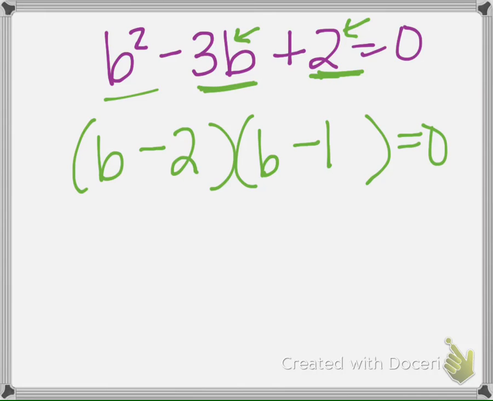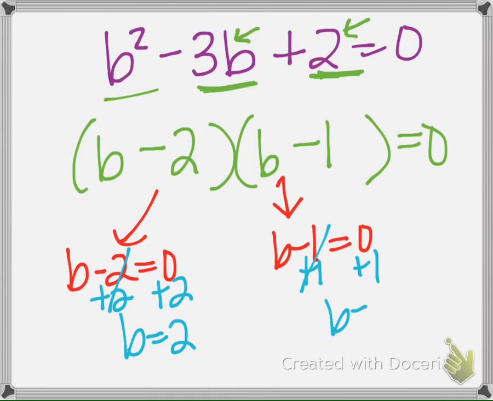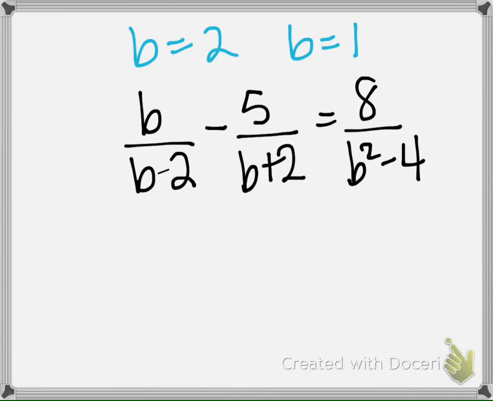So now we're going to split this up and solve each one separately. So we get b equals 2 and b equals 1. So now before we circle that and say, oh, that's our answer, we need to make sure that it doesn't produce an extraneous answer.